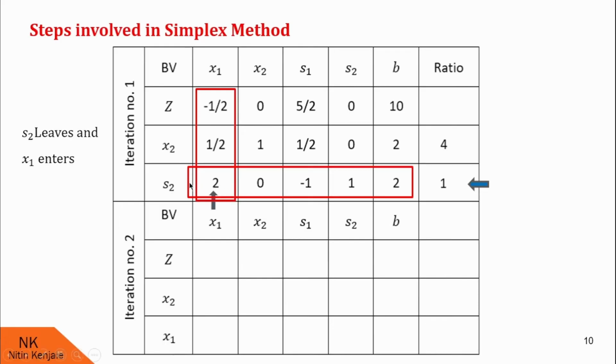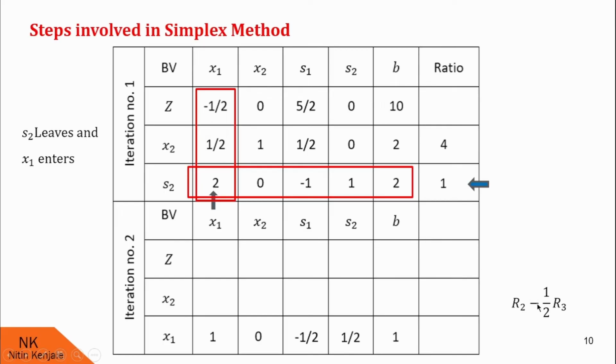Next, we will divide key row by key element. So 2 by 2 is 1, 0 by 2 is 0. This will be minus half, half and 1. Now we make other entries in key column 0 by using row transformation. We have half here, so we use transformation R2 minus half R3.